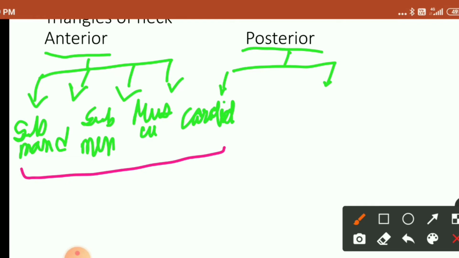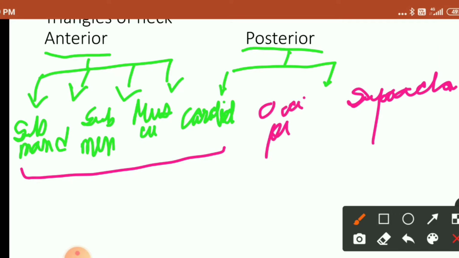Now under posterior triangle we have supraclavicular triangle and occipital triangle.